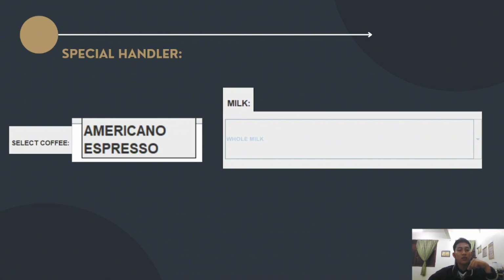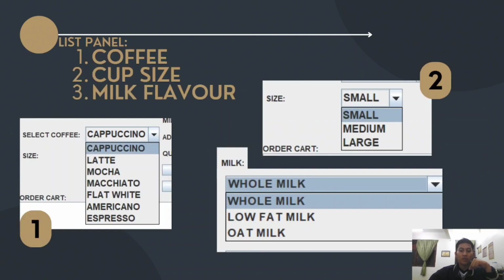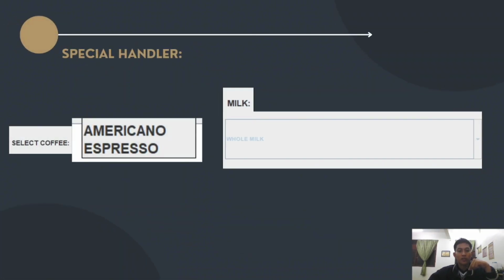This handler will exclude the milk selection like in the slide before. If the staff selects americano or espresso, there will be no milk choice for the staff to select.